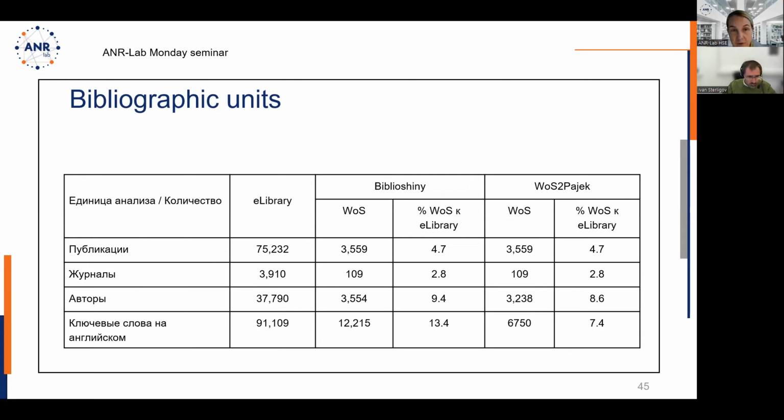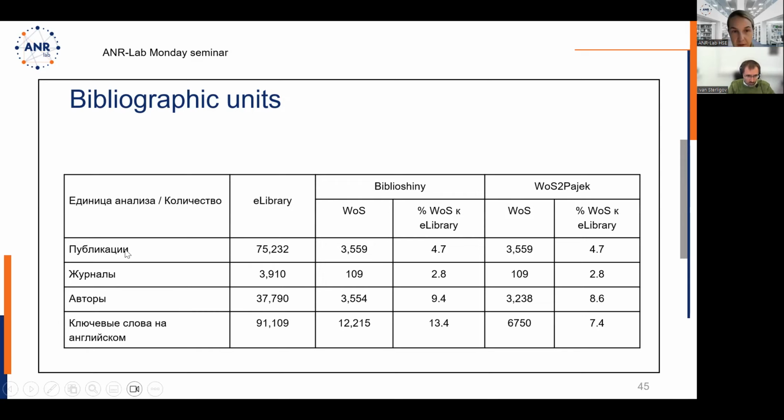And as for counting of bibliographic units for this Web of Science subset, we used two approaches. One approach was to look at how BibliaShiny would analyze and count the data uploaded to it, and the other was the WOS to pipe approach, because it also provides information on how many of these units we get.